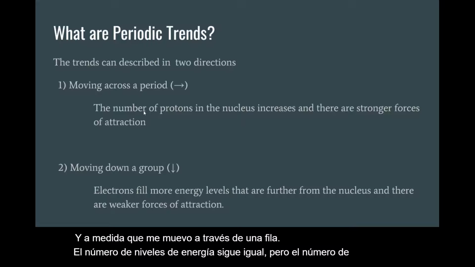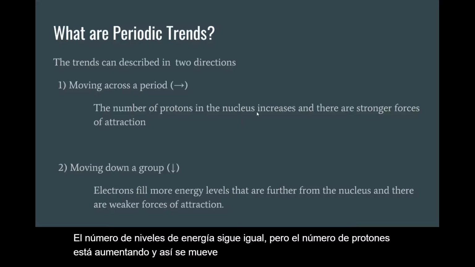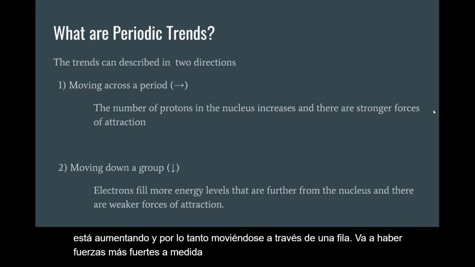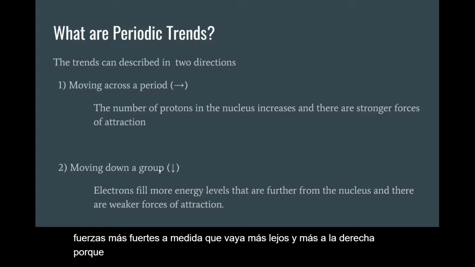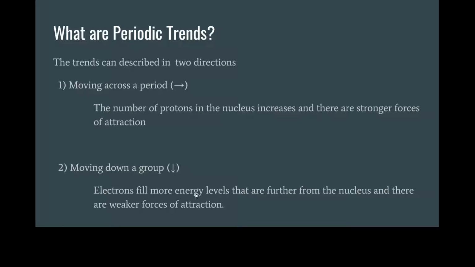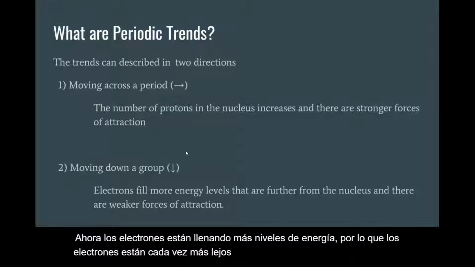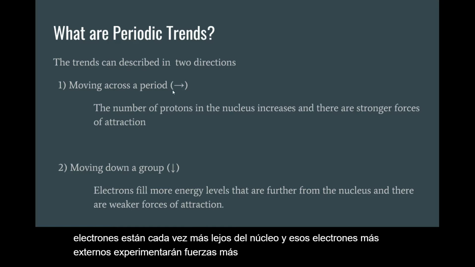And so moving across a row, there's going to be stronger forces as I go farther and farther to the right because there are more protons. Moving down a group, well, now the electrons are filling more energy levels. So the electrons are getting further away from the nucleus, and those outermost electrons will experience weaker forces of attraction to the nucleus.